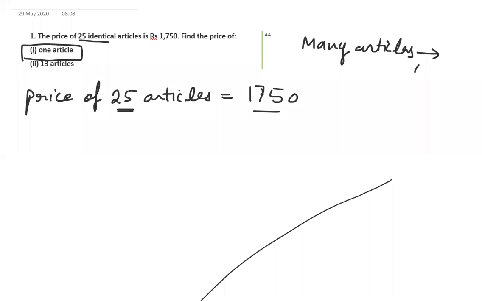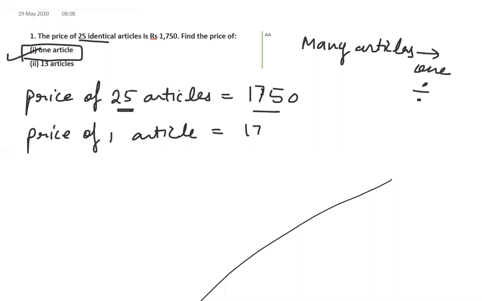Whenever you are given the price of many articles and you have to find the price of one article, then always you have to divide. So write, price of one article is equal to 1,750 divided by 25.